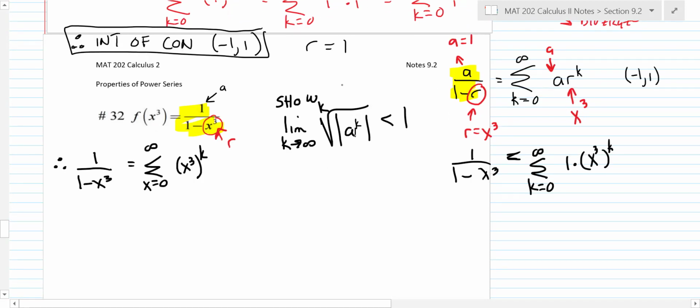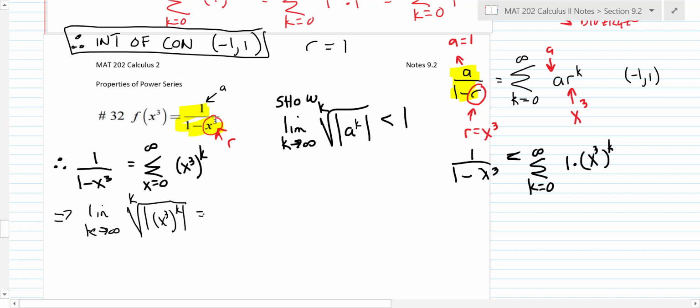So when we do this, let's do the limit as k goes to infinity, and we're going to do the k root of the absolute value of x to the third to the k, like that.